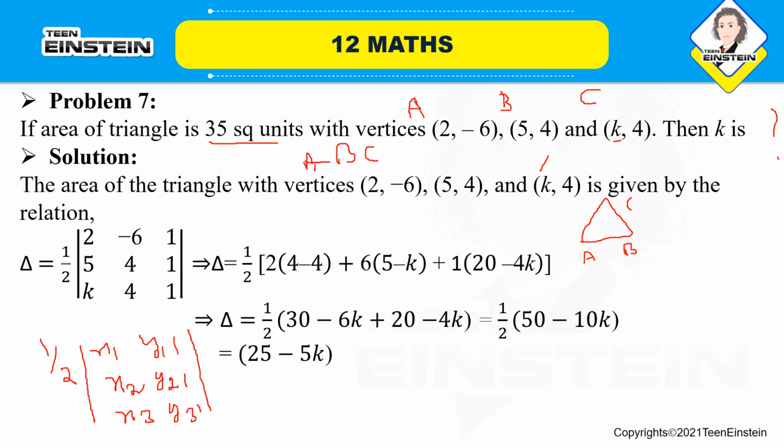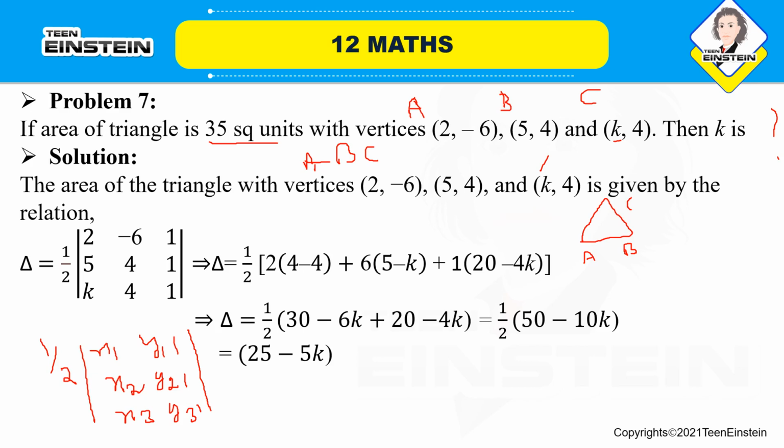The second row is x2 y2 1 and the third row is x3 y3 1. Okay, so substitute the first vertex 2 minus 6, second vertex 5 comma 4, so 5 4, third vertex is k comma 4. So k 4, fix the last column elements as 1 1 1.